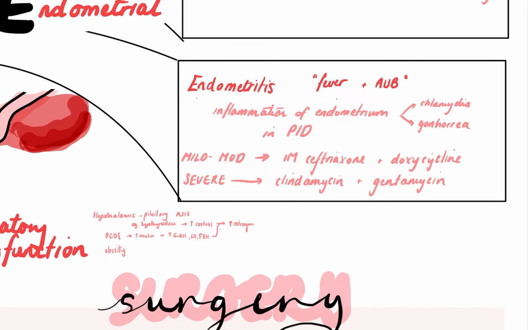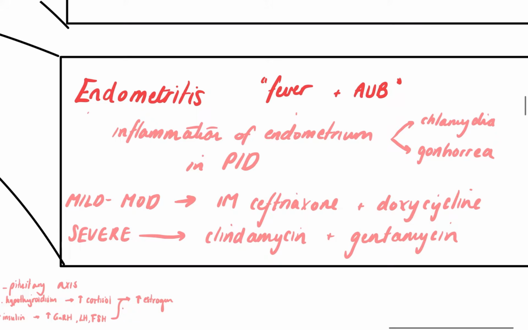Now, another cause of endometrial bleeding is endometritis, or inflammation of the endometrium. This is usually caused by sexually transmitted infections such as chlamydia or gonorrhea, and is usually secondary to pelvic inflammatory disease. Here, a patient might present with fever and abnormal uterine bleeding.